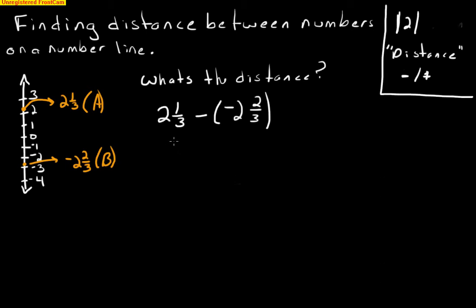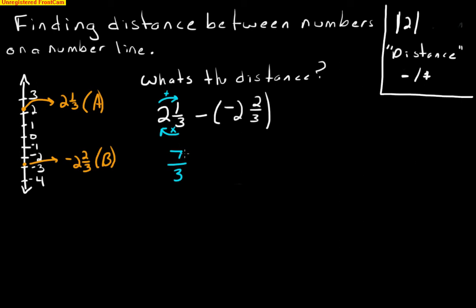To do that, we have numbers that we need to make into improper fractions, so we don't want to work with the mixed numbers. As a reminder, you multiply the denominator times the whole number, and then you take that answer and add the numerator. So 2 times 3 is 6, sorry, I said 1.